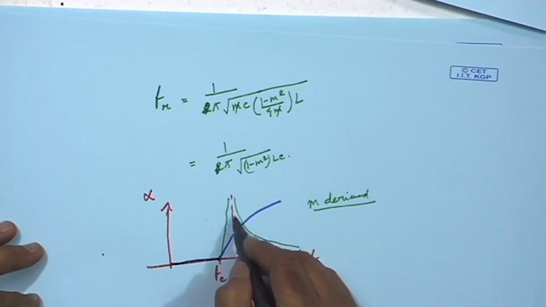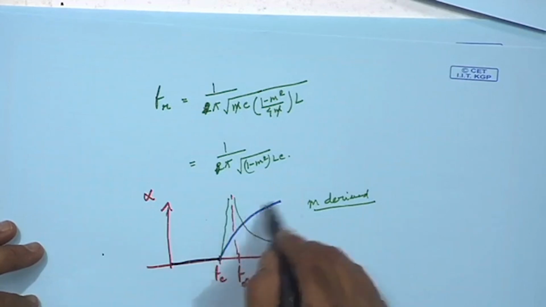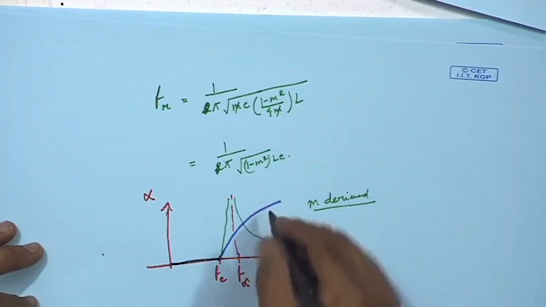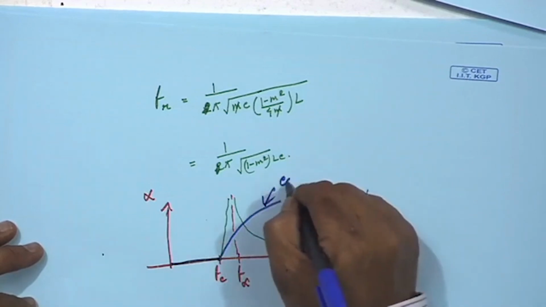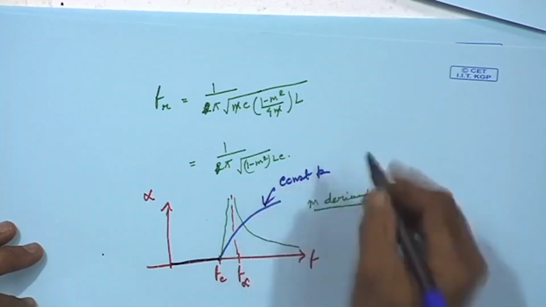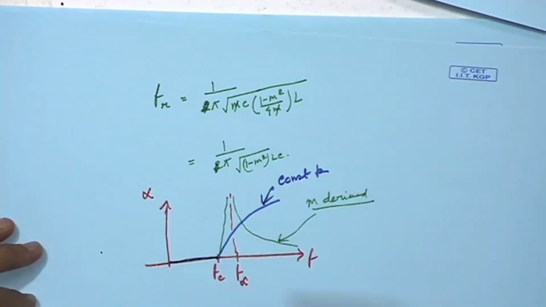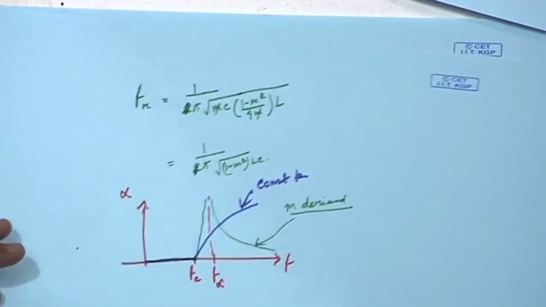So, it will be dominated here also like this. This is constant k, this is m-derived. So, if I combine, then I get something which is called a composite filter.